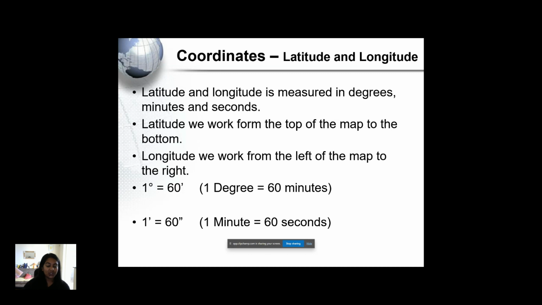When we do longitude, we look at the left of the map to the right. And 1 degree equals 60 minutes. The symbol for minutes is a little apostrophe, and 1 minute equals 60 seconds, which is your 2 little apostrophes. That's your little seconds symbol.